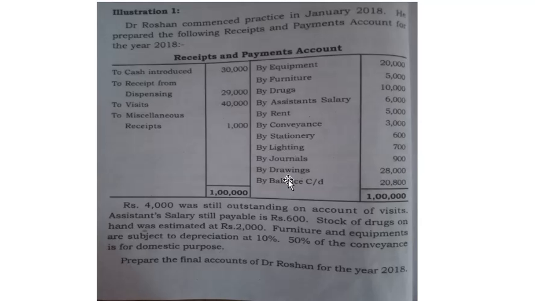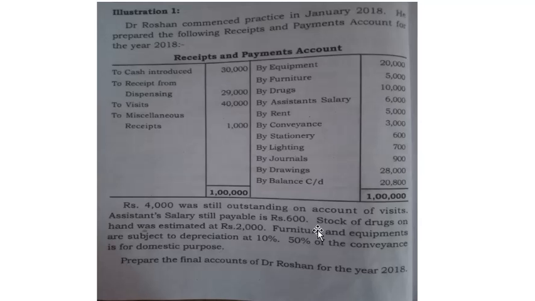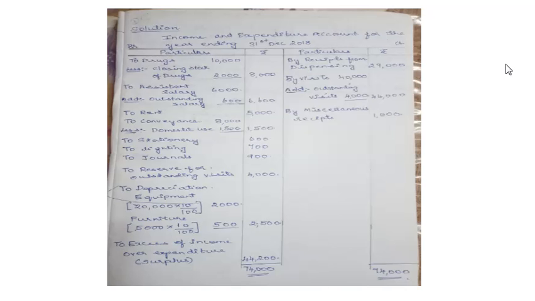Okay, drawings come on the liability side. Now, is there any stock remaining? If there is any stock remaining, that is an asset. So stock of drugs in hand is there, 2,000. So on the asset side, stock of drugs 2,000. Next, outstanding visit. I have told you, if there is any outstanding income, you have added outstanding visit here. So you will add outstanding visit here, and the same reserve you will show here.